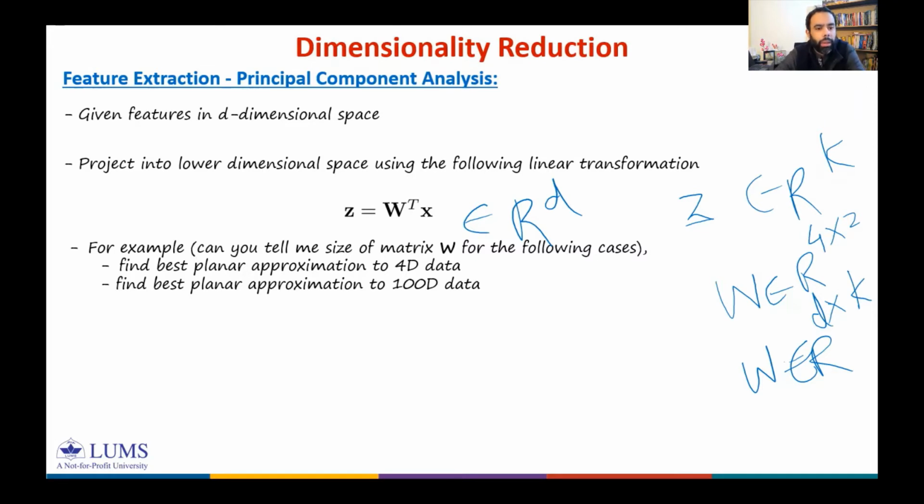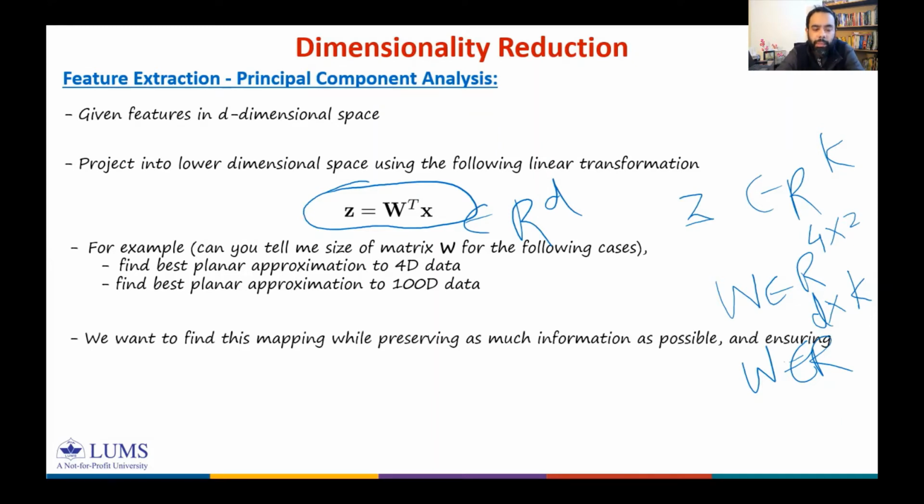Okay, so how do you find W? So we have this mapping, right? As we said earlier, we want to minimize information loss. PCA indeed minimizes information loss, but PCA does much more than that. It minimizes loss, but it also achieves some very nice objectives.